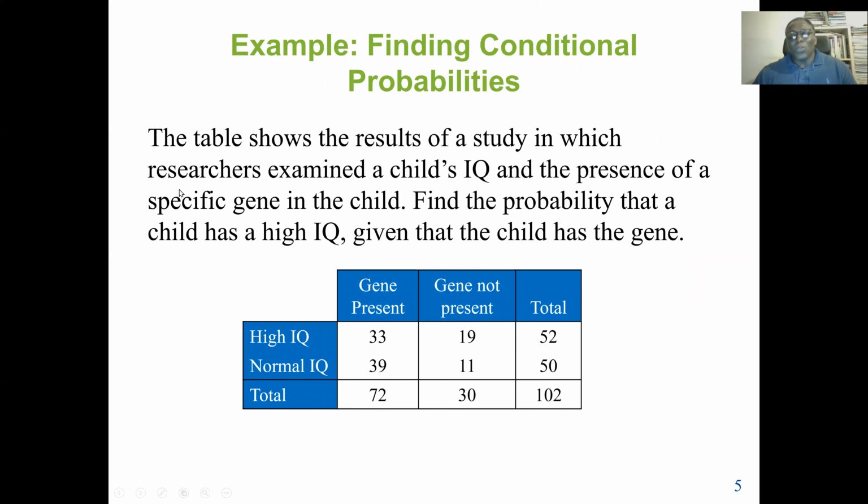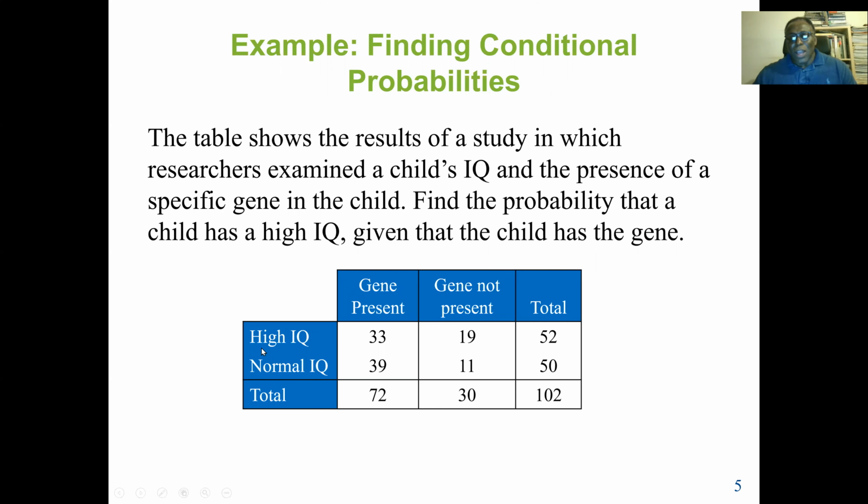Now another question, finding a conditional probability. Here they say a table shows the result of a study in which a researcher examined a child's IQ and the presence of a specific gene in the child. Find the probability that the child has a high IQ, given that the child has the gene.